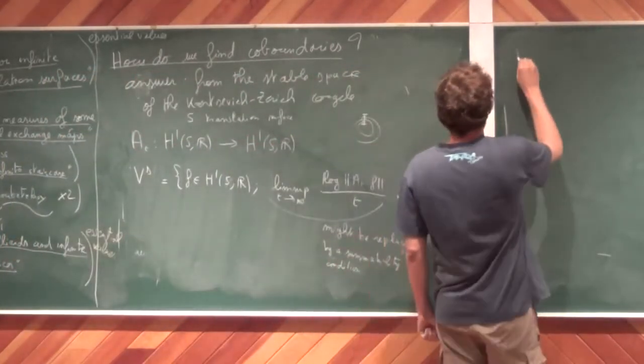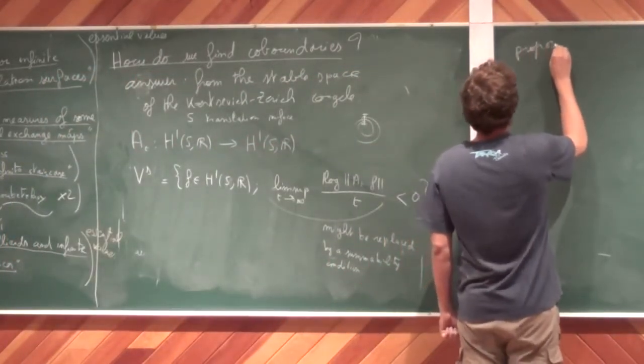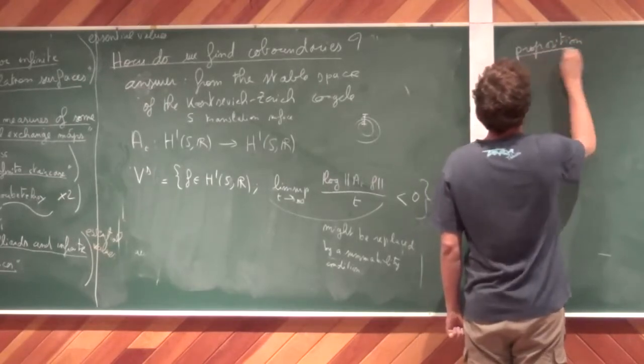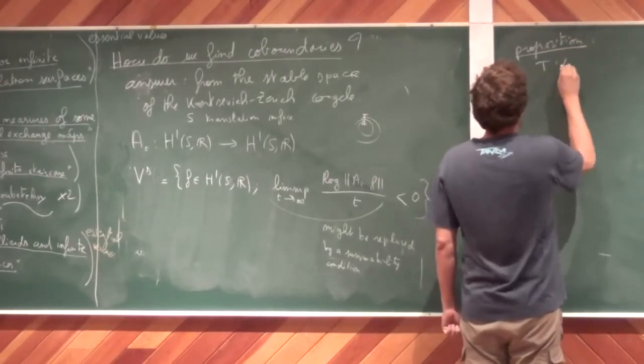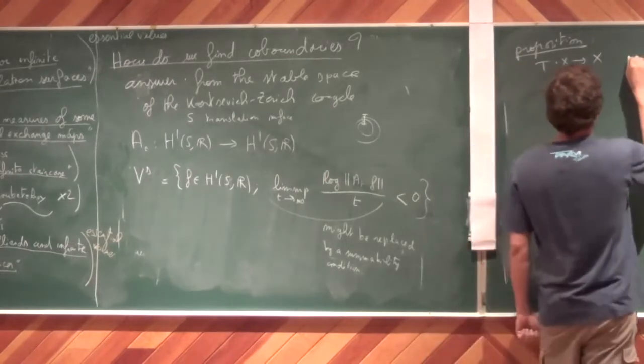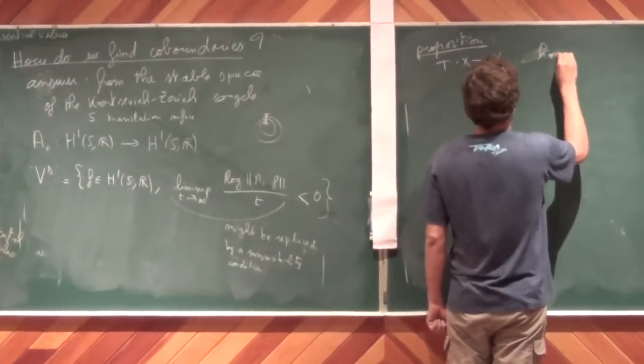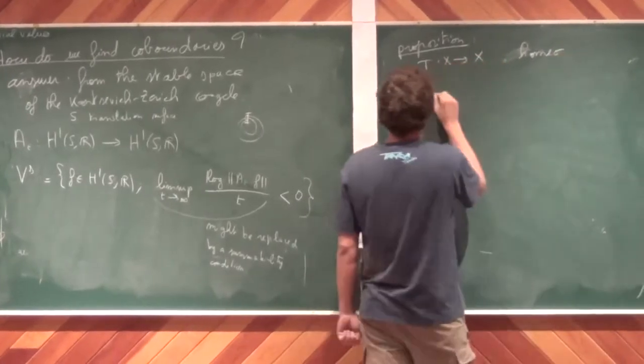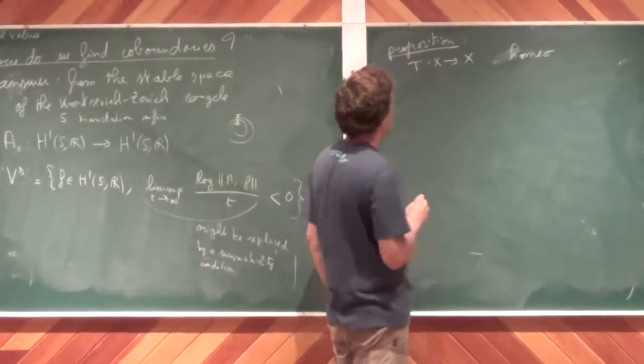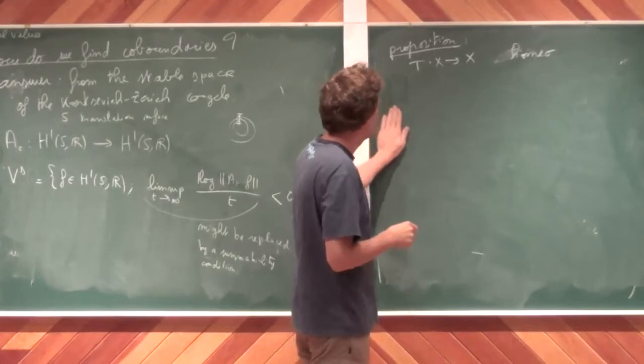So there is a proposition first. Pick, as before, very abstractly, X continuous, a homeomorphism T, let's say that preserves mu, but it's in topological dynamics.